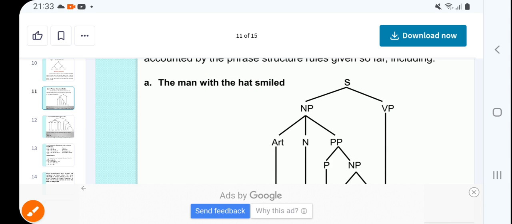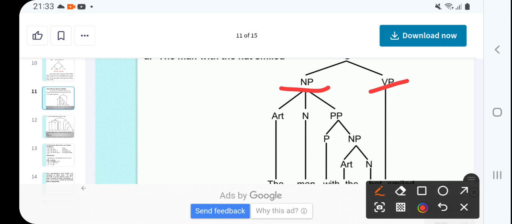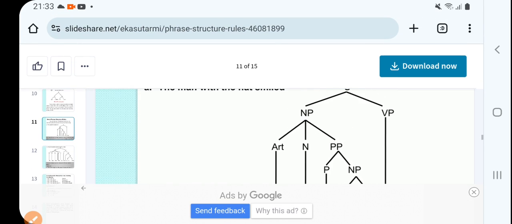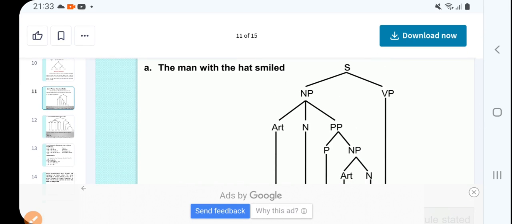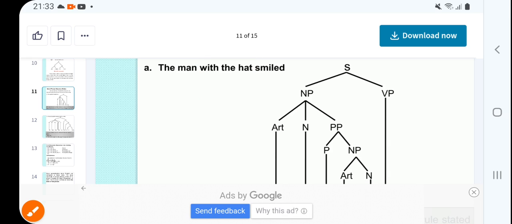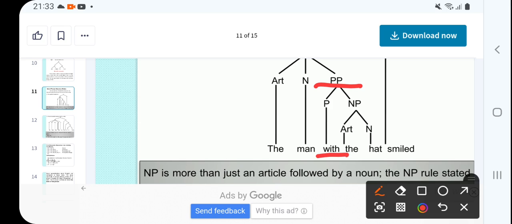So how is it categorized? That's a noun phrase and a verb phrase, right? And what is the noun? The noun is the man, then the prepositional phrase is a part of the noun phrase, because the verb phrase is single, this one. But the man with the hat: this is a prepositional phrase, with the hat. So here, with is the preposition, the hat is the noun phrase, and smiled.